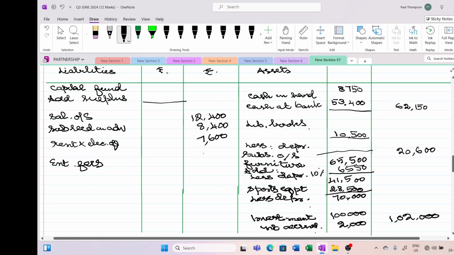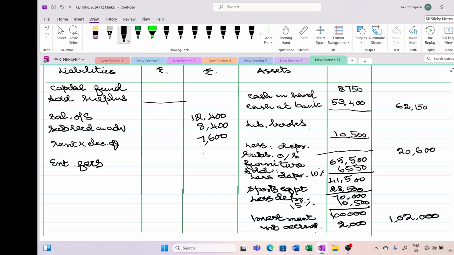Sports equipment 15 percent, 10,500 if I am right. Okay. 6,550, 10,500.